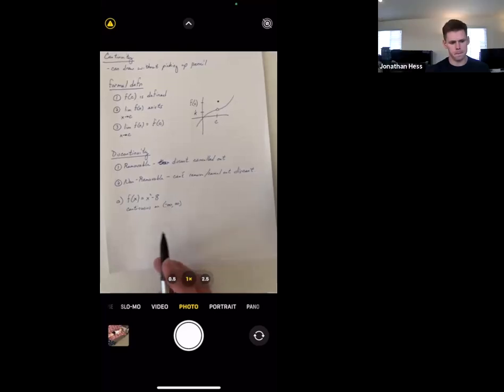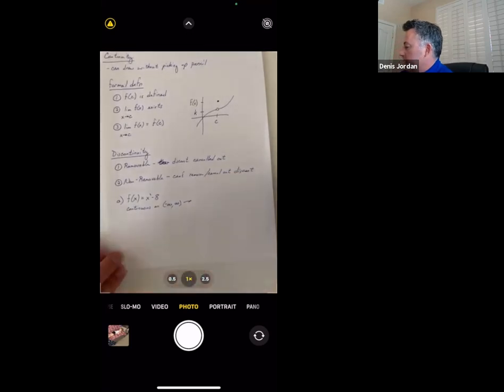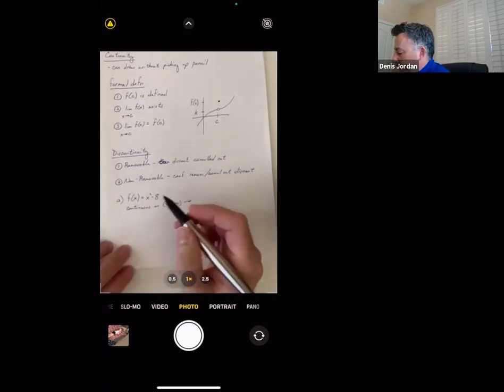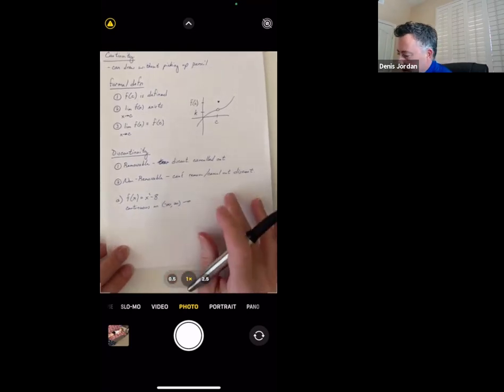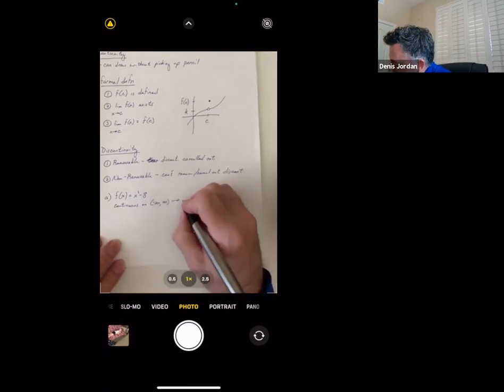Yep. If you have any type of polynomial, whether it's linear, constant, quadratic, cubic, quartic, a 10th power, it doesn't matter. If it's a polynomial, it is continuous everywhere.